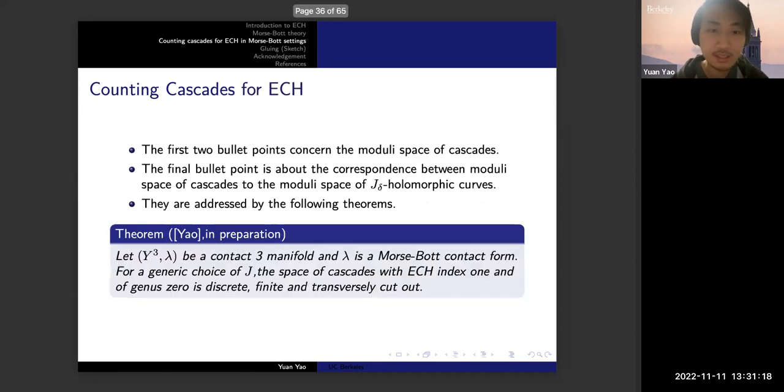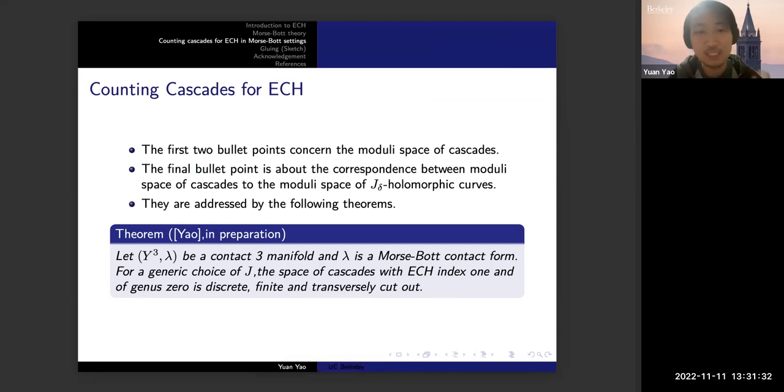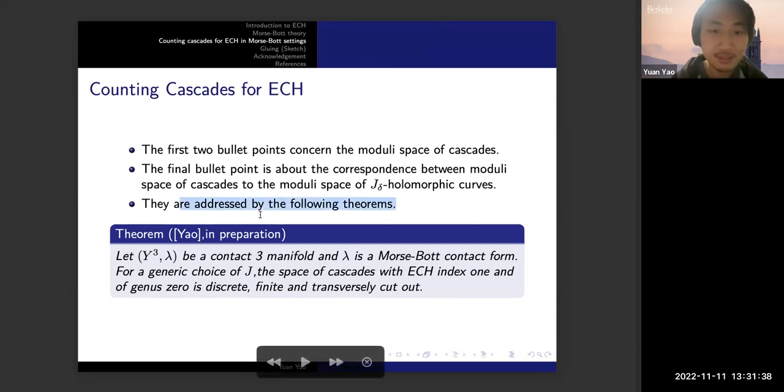The first two bullet points are basically saying the moduli space of cascades is not well behaved, that you don't necessarily have enough transversality. And the final bullet point is saying you need some kind of correspondence between the moduli space of cascades and the moduli space of J-holomorphic curves. They're addressed, at least in some cases, by the following theorems.